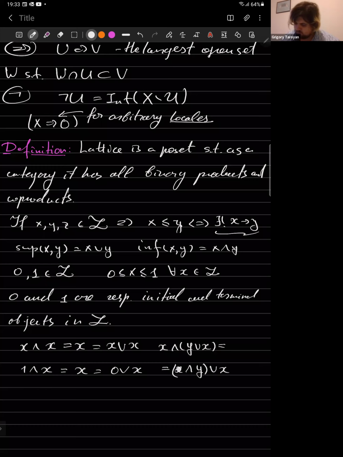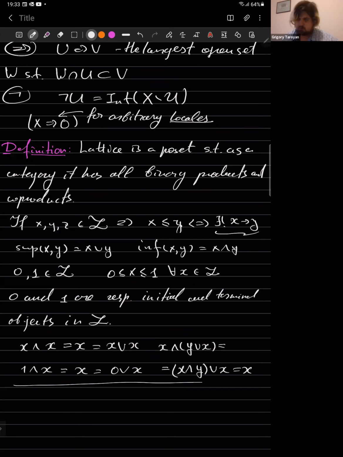Well, sort of distributivity, the relationship between two operations in the mix.